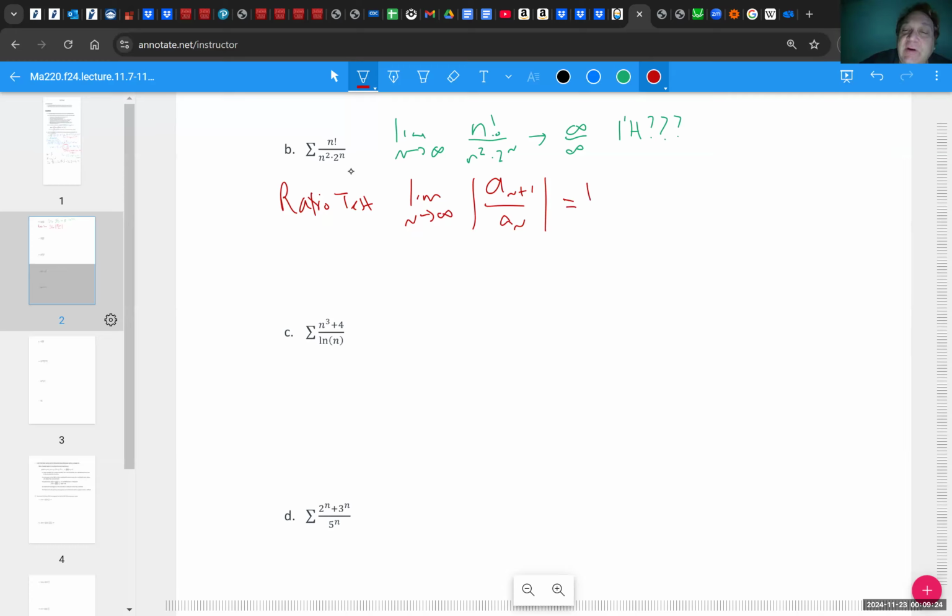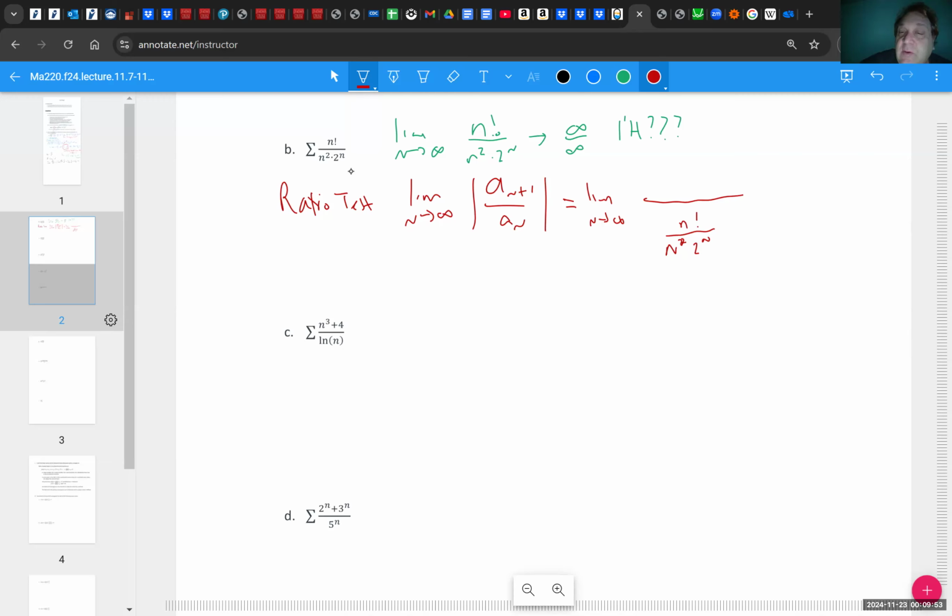So what do we do here? If you remember doing this in the previous homework assignments, a sub n is just literally the series. So this is n factorial over n squared 2 to the n. So that a sub n is just literally the function in our series. So what is a sub n plus 1? A sub n plus 1 is the exact same formula, the exact same function, but I'm replacing n with n plus 1.